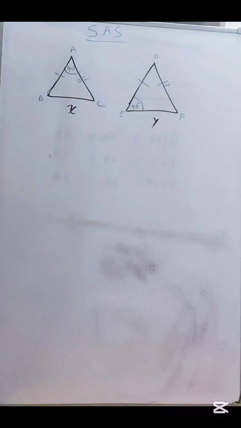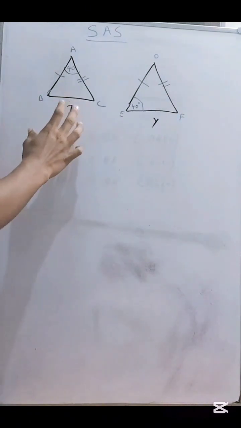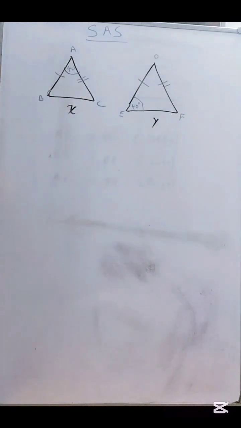So how can we prove this as congruent? What is congruent? We should prove that the triangles X and Y are equal in three properties.